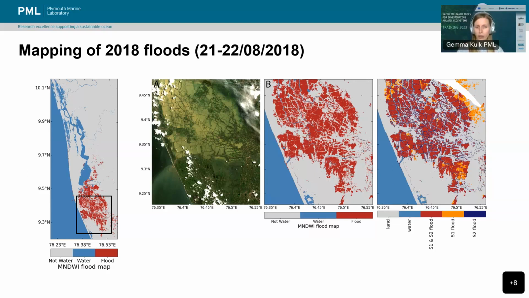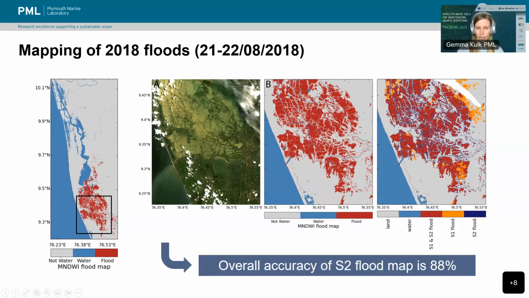And we showed that the accuracy of the Sentinel-2 map is high, with pixels in red indicated as flooding in both the Sentinel-1 and the Sentinel-2 data, pixels in orange indicated as flooding in Sentinel-1, and pixels in dark blue indicated as flooding in the Sentinel-2 data only. And so the overall accuracy of the Sentinel-2 based map was 88% in this example of the August 2018 floods.